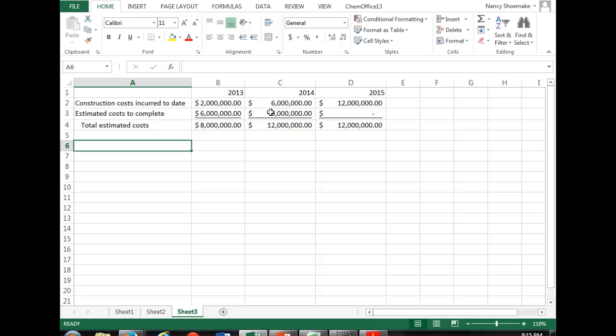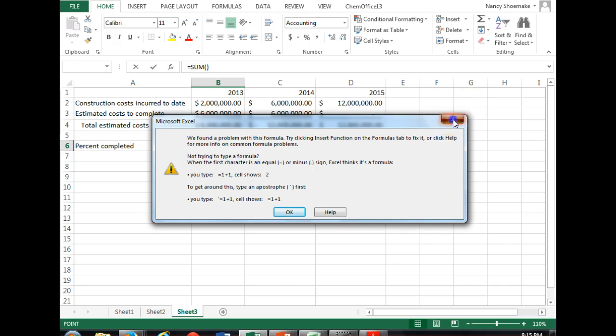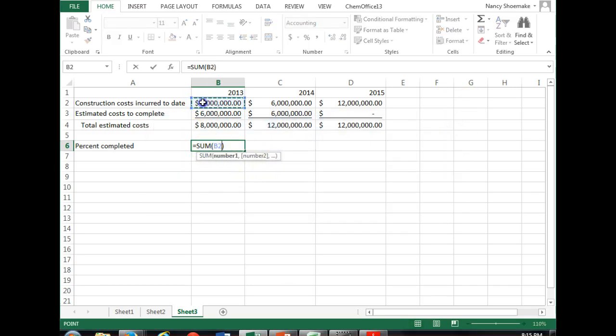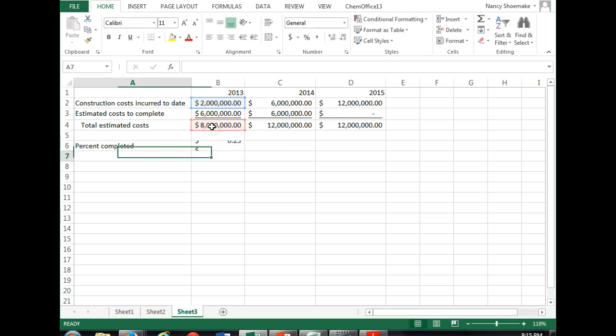So, percent completed. Okay, so guys, basically what we're doing is we're setting up the construction cost incurred to date with the total estimated cost to come up with a percent completed of cost. So the percent completed here is this divided by this.